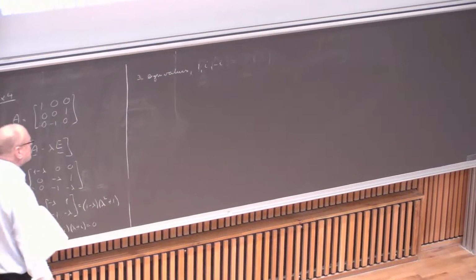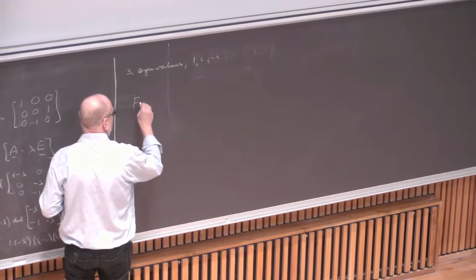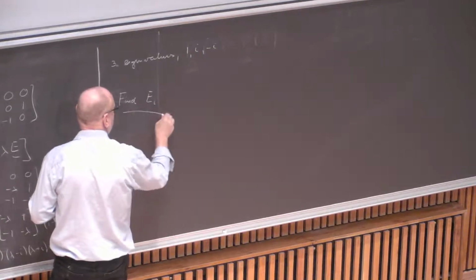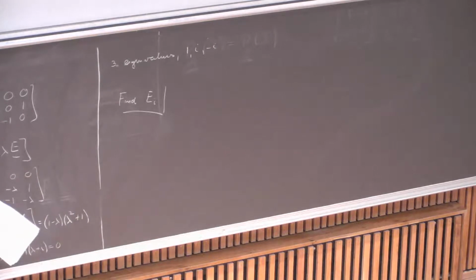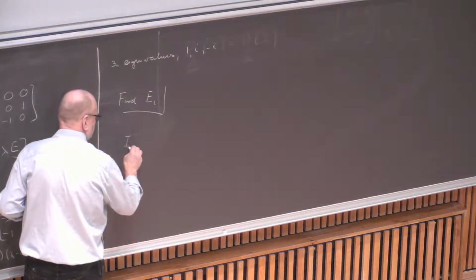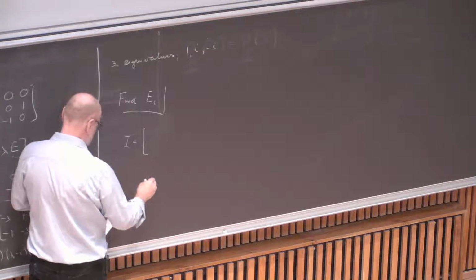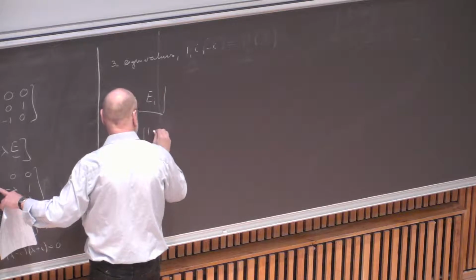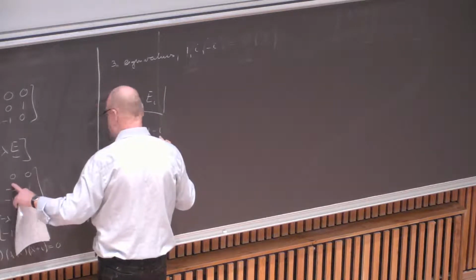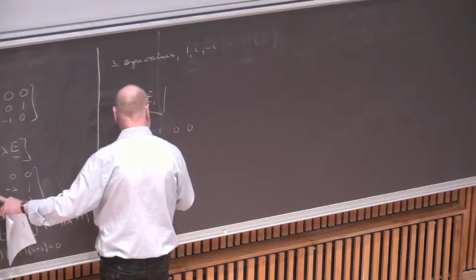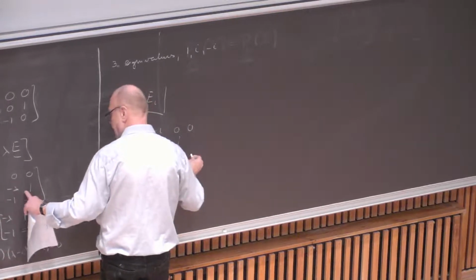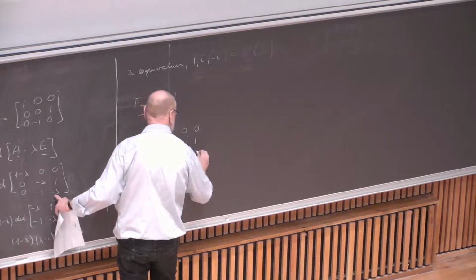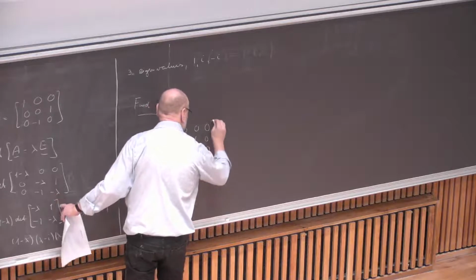So let's find the eigenspace corresponding to the eigenvalue i. We have the augmented matrix, and I put i into this characteristic matrix. 1 minus i, 0, 0, and then 0, minus i, 1, and then 0, minus 1, minus i, and the right-hand side.